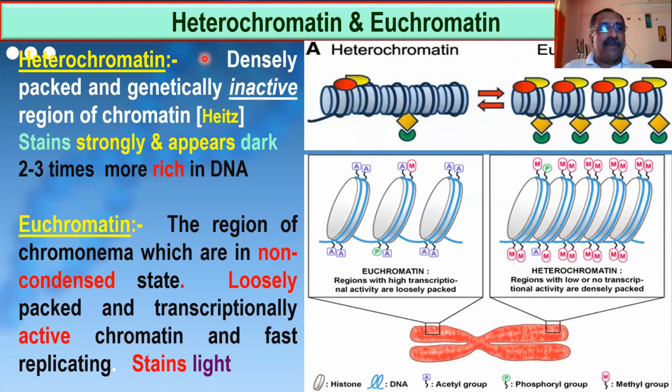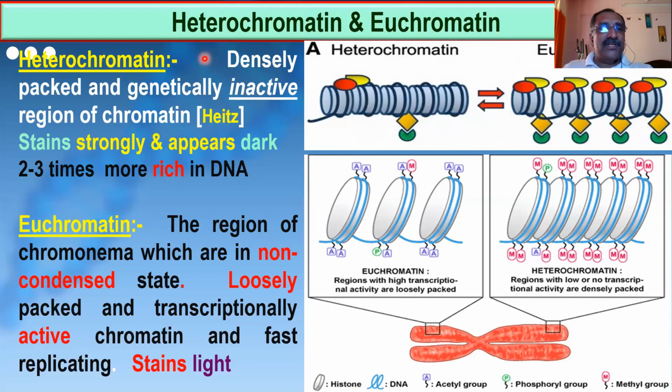Now come to euchromatin. Euchromatin points. Non-condensed, then active, fast replicating, loosely packed, and light stains.